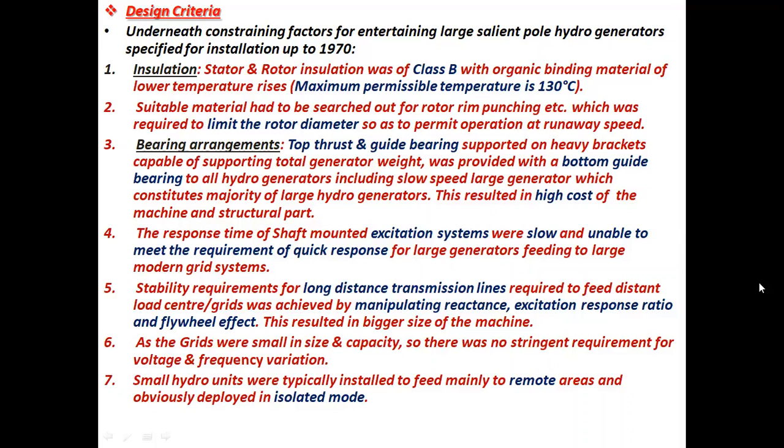Number 6, as the grids were small in size and capacity, so there was no stringent requirement for voltage and frequency variation. Number 7, small hydro units were typically installed to feed mainly to remote areas and obviously deployed in isolated mode.